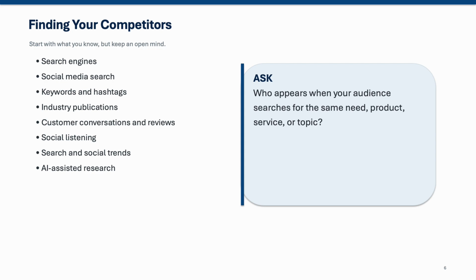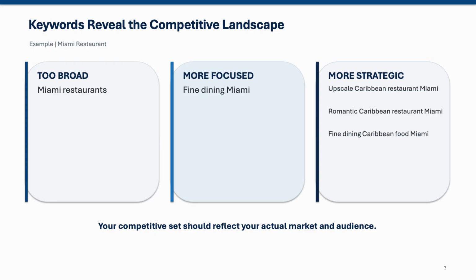AI can also assist with this process, but as we'll discuss later, AI should be a starting point for research rather than the final authority. Ultimately, ask yourself, who appears when members of my target audience search for the same need, product, service, or topic that my brand addresses? Let's talk about the relevance of keywords.